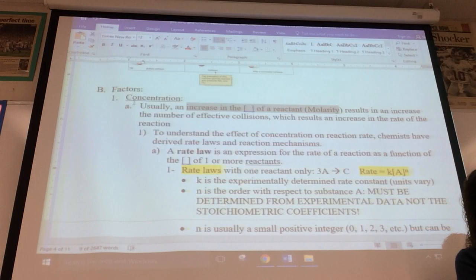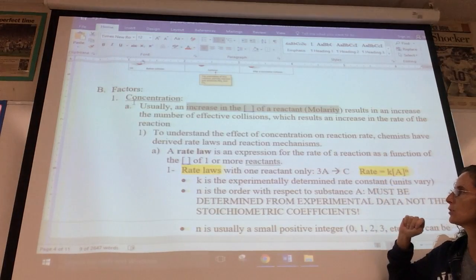And if we moved all the desks over, you probably wouldn't hit each other that much. But if we invited every class on the floor in here, and you were all running around, the likelihood of an effective collision then would be much greater. So increasing the concentration increases the likelihood of an effective collision, increase in reaction rate.